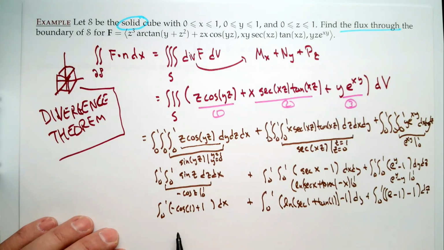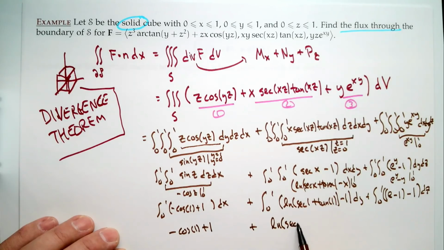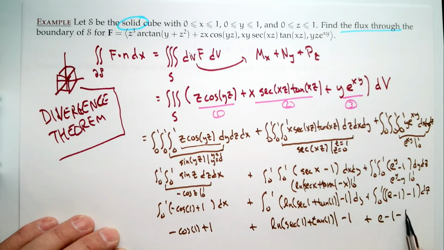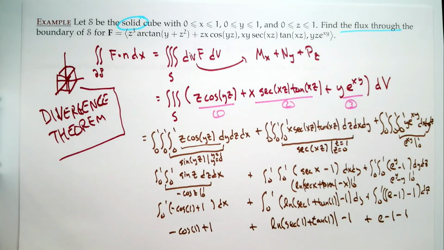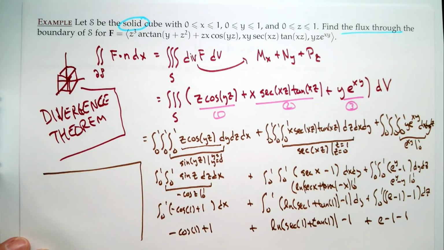So we have at the end, when we integrate this, minus cosine of 1 plus 1 plus log of secant of 1 plus tangent of 1 minus 1 plus e minus 1 minus 1. And if we wanted to, we could sort of merge things together.